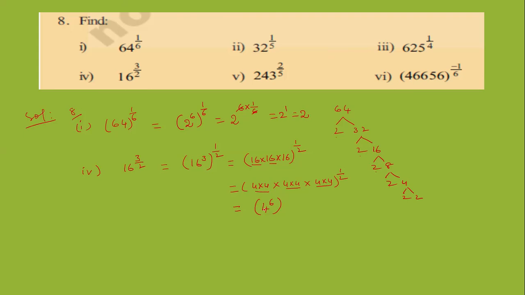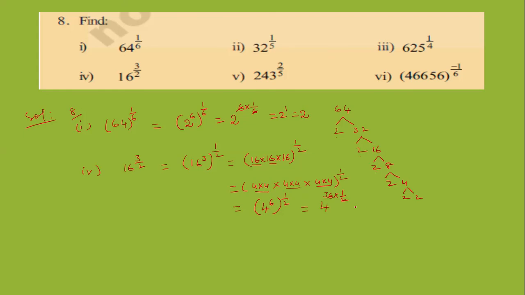Here, how many 4s are there? 1, 2, 3, 4, 5, 6 4s are there. So 4 to the power of 6 as base. That means 16 cube is rewritten as 4 to the power of 6, and already there is 1 by 2 in the exponent place.